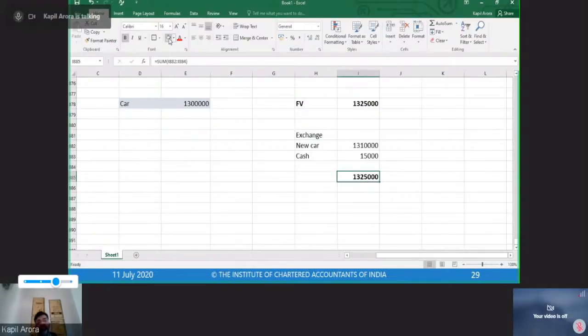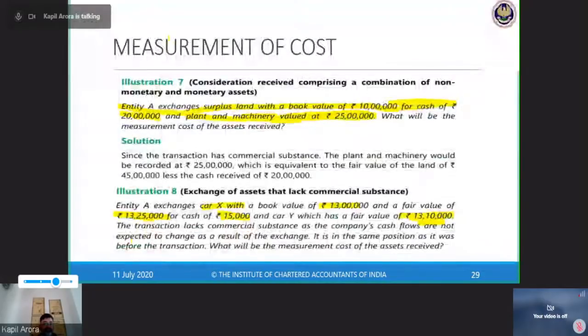So for that purpose we can say the transaction lacks commercial substance.